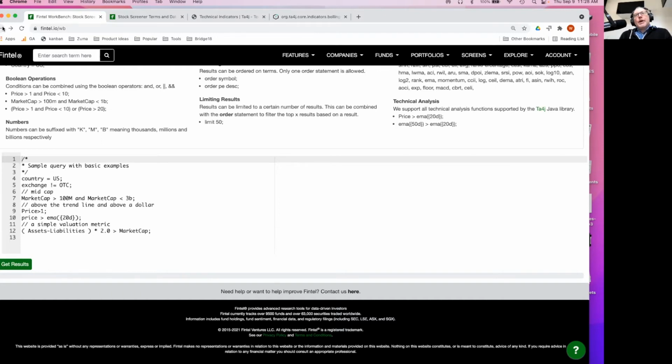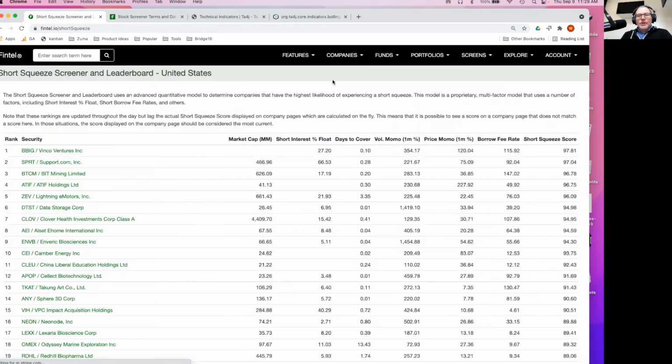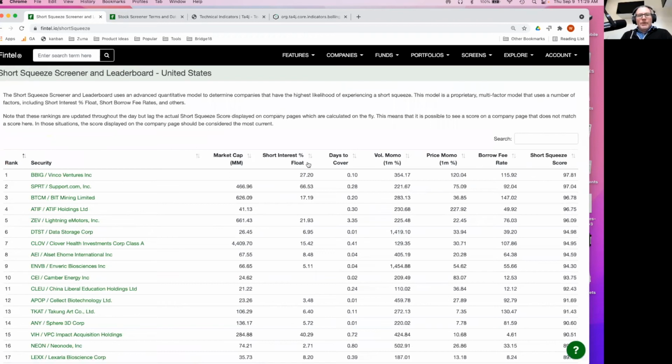So I don't really know how to answer that. We can't tell you where you're going to be. All we can do is tell you where you are right now. So this short squeeze explorer tells you where you are right now. The company has a high short interest float. It's had a lot of increase in volume and in price. The borrow fee rate is extraordinary.